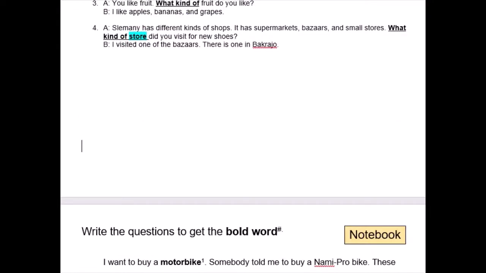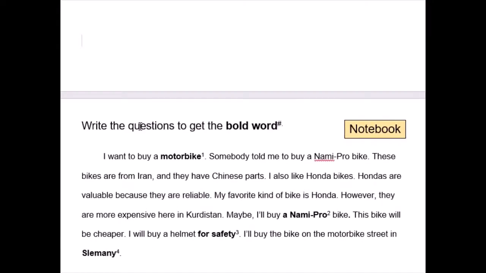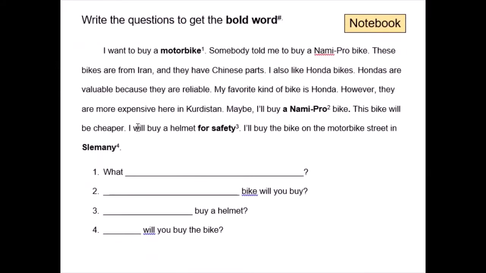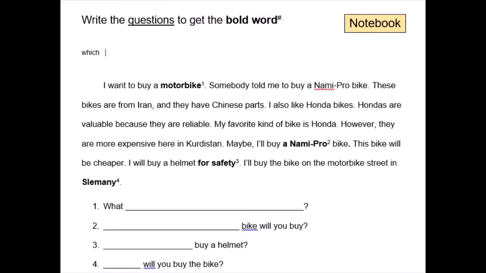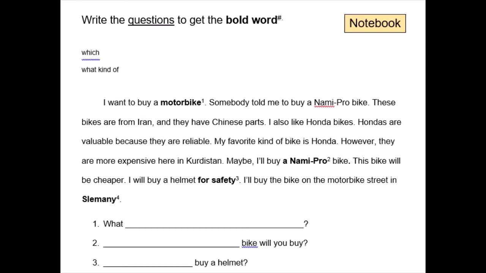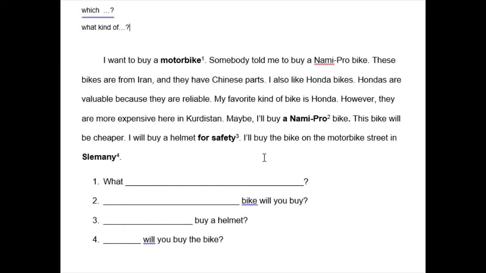So let's try a practice. With your notebook, I have 4 words in bold with a number, and I want you to write questions with which or what kind of to get these answers, okay? So in your notebook, I want you to read the paragraph.